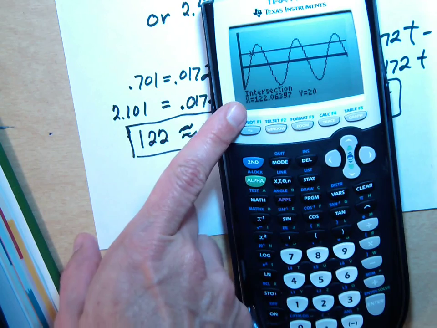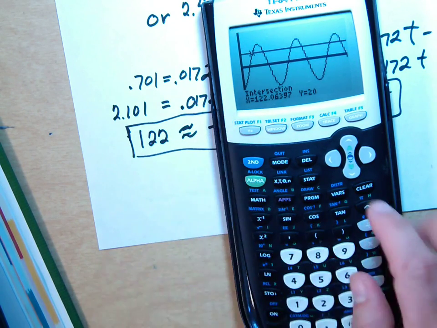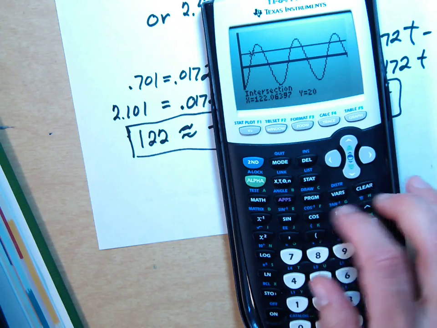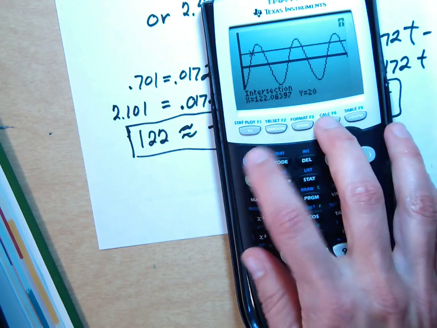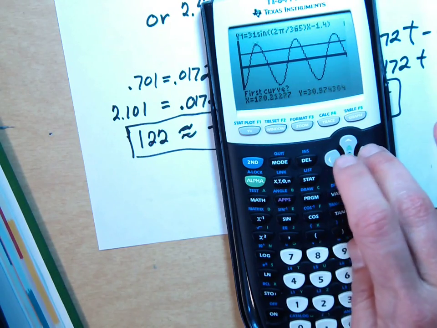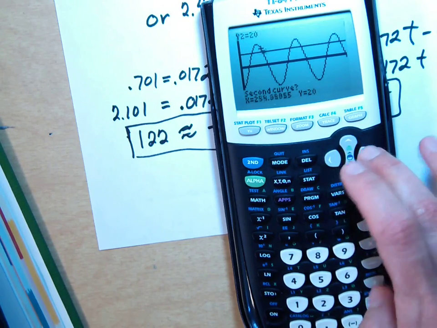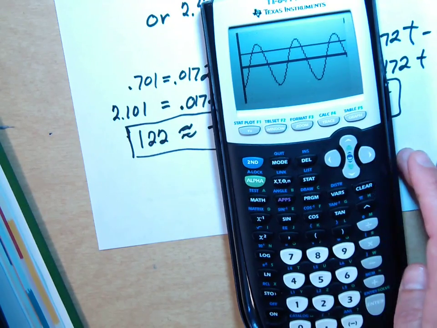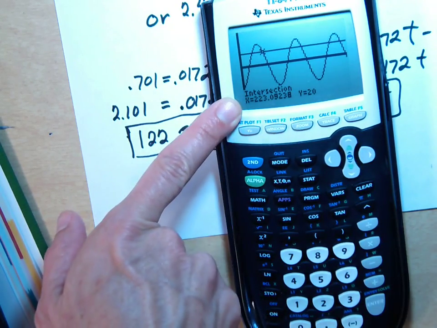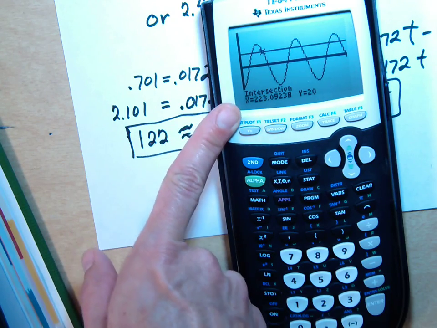See the answer at the bottom? 122. And now I'm going to find the other one. So I go to calculate again, and I do the intersect, and there's my first curve, there's my second curve, and there's my other answer, 223. I didn't do a single computation. I just knew how to use my graphing calculator.